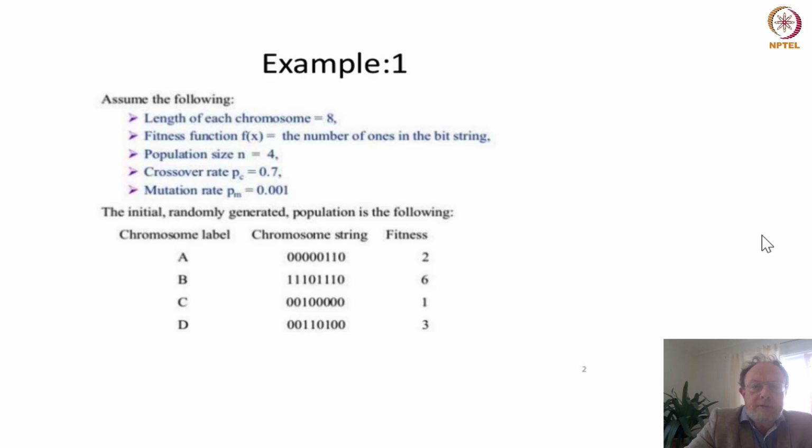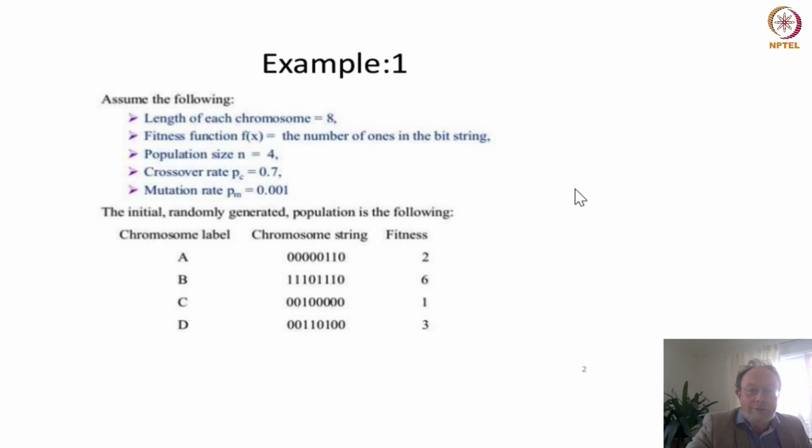So I have included a more detailed example here, and it's a very simple example, and on this first slide you can see the setup. So you have a number of binary digits constituting the chromosome of size 8.